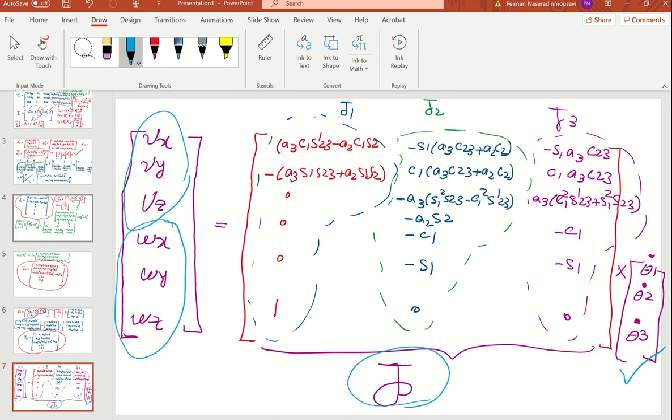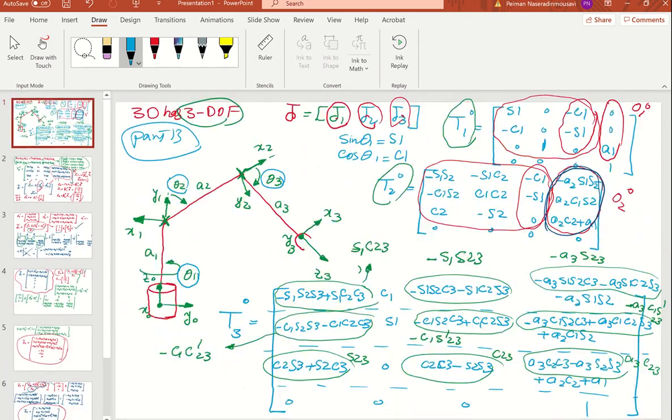Obviously, if you integrate that, you can find the end effector positions, linear positions and rotational position in space. That's right. So this is 6 by 3, and this is 3 by 1, so the result is going to be 6 by 1. Here we go. Bingo. This is a very efficient example that you can implement.